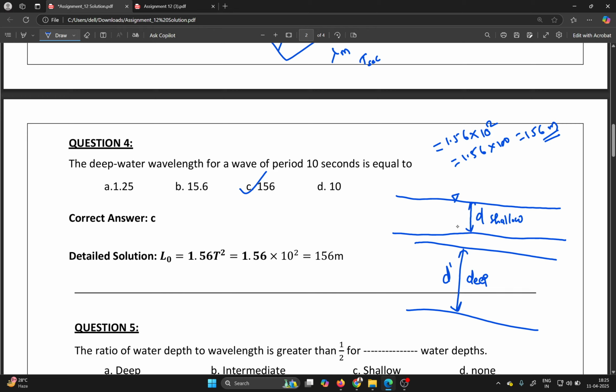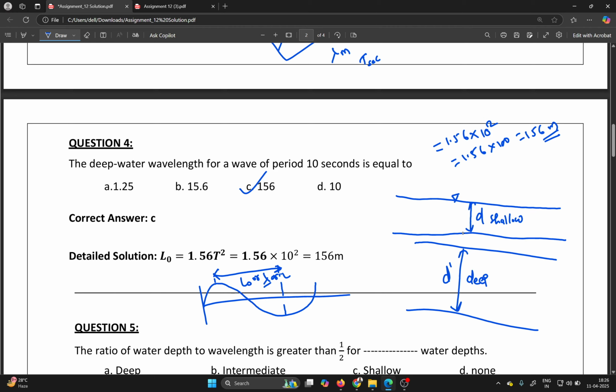And here, the wavelength you know already. So this value will be the one complete cycle. If you are considering from here, up to here your wavelength will be this much, L naught or lambda, or L you can also write. So L and water depth is this much.